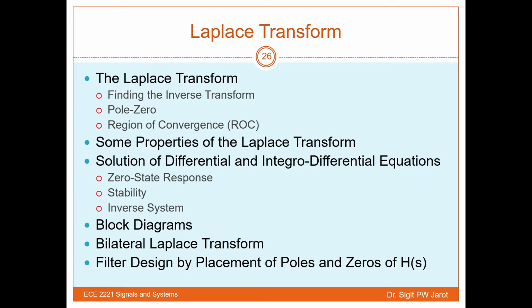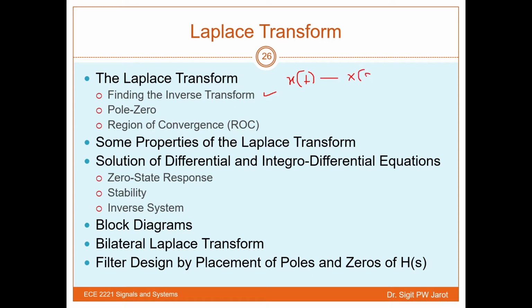Alright, today we will continue on the Laplace transform. So basically, we have been introduced to what the Laplace transform is. Okay, so how to find the inverse transform? Basically, we want to convert x(t) to X(s). Okay, how to convert this?